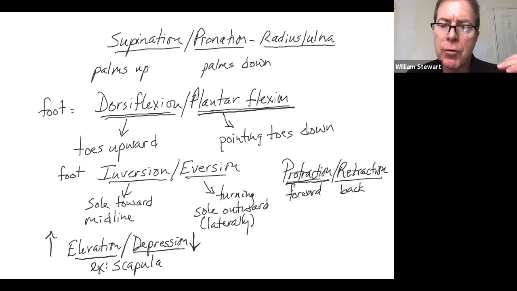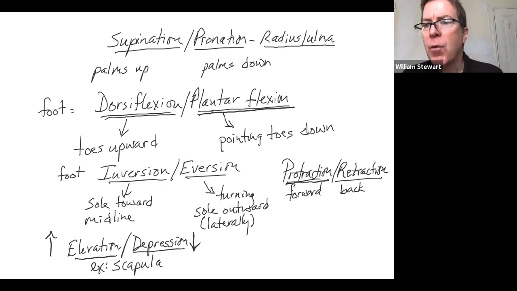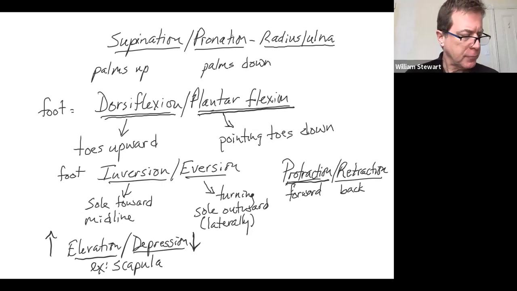When you drop your shoulders back down to a normal resting position, it's going in a depression direction and your scapula is moving back downward. So elevation just means moving something up. Likewise, when you close your mandible, that's elevating it. And when you open your mouth, that's depressing the mandible.